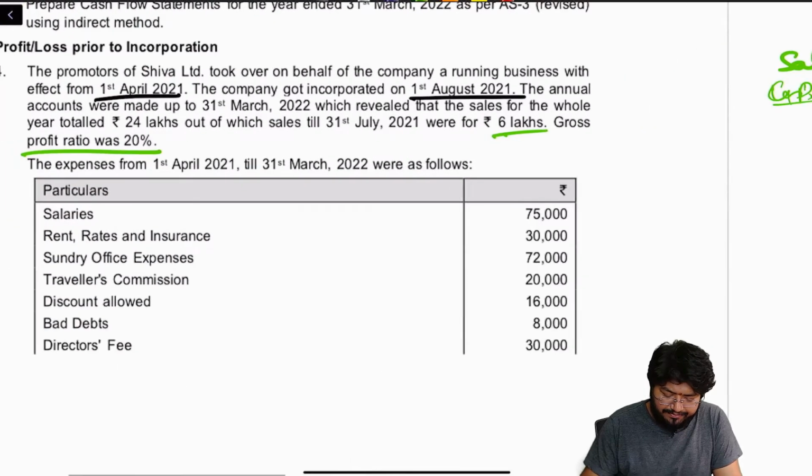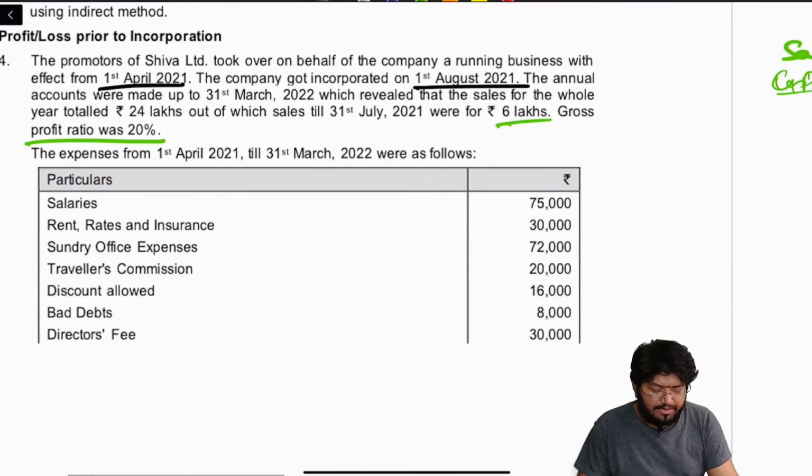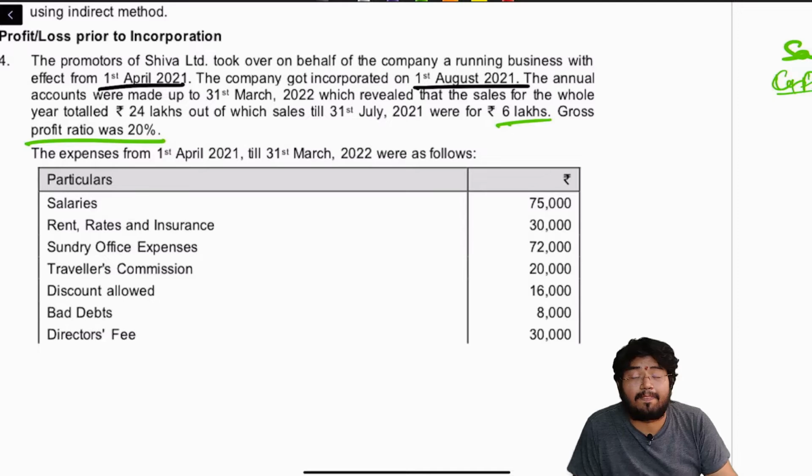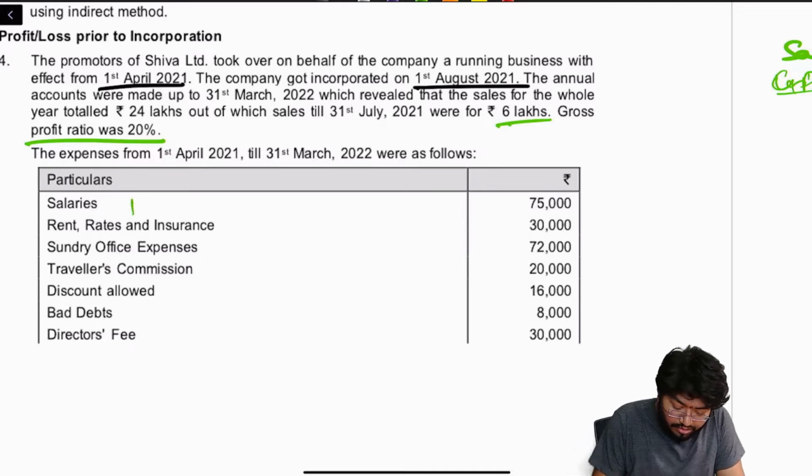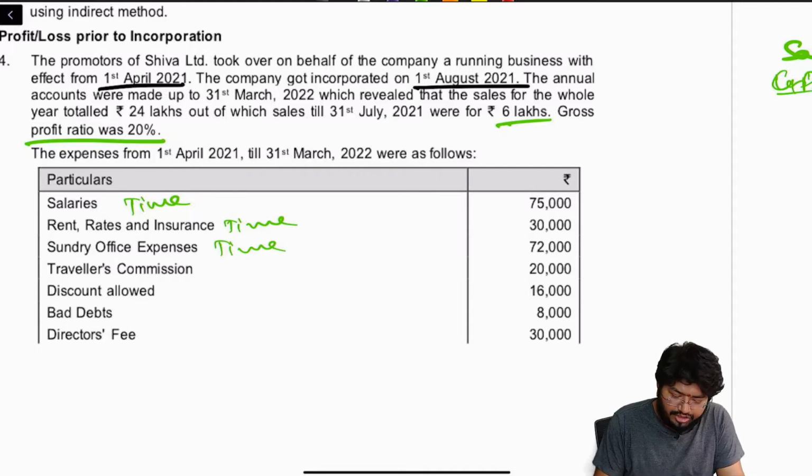Now tell me, salaries on what basis will you take? Time ratio, good. Rent, rates and insurance, time ratio. Sundry office expenses, time ratio. Traveller's commission, what ratio? Sales, very good. Discount allowed, sales ratio. Bad debts, sales ratio.